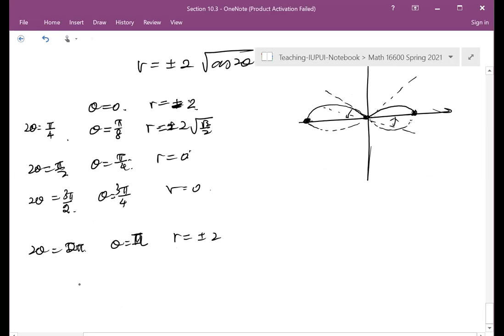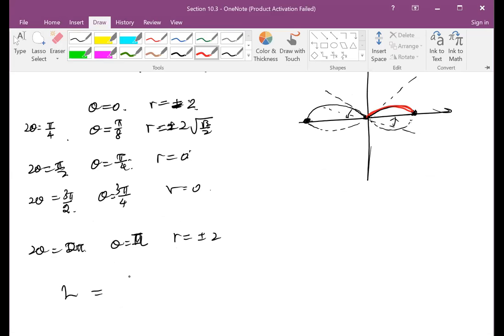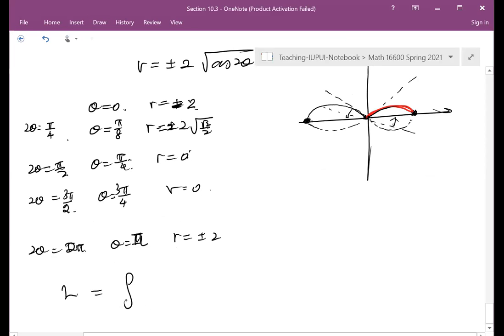Okay, the length of the loop, by the symmetry, you know, right? So the length of the one loop is just twice of this piece. So I just need to find the integral of one piece.